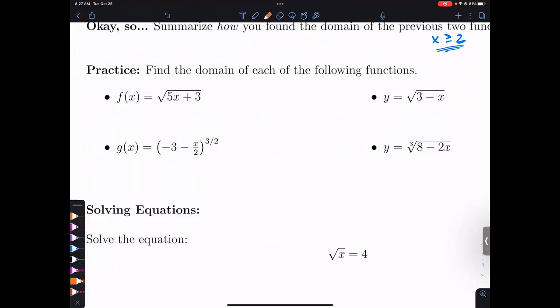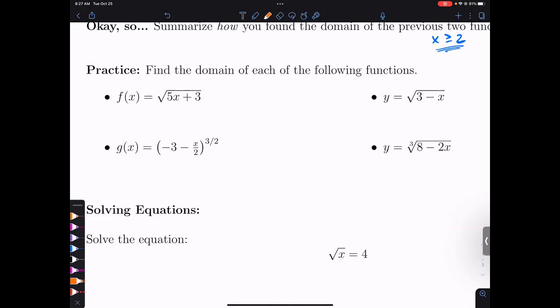Okay, so real quick, just to make sure we're on the same page and being productive. This first one. What kind of a big picture thing is it? What kind of function is this? What's the outermost thing happening here? The square root, right?